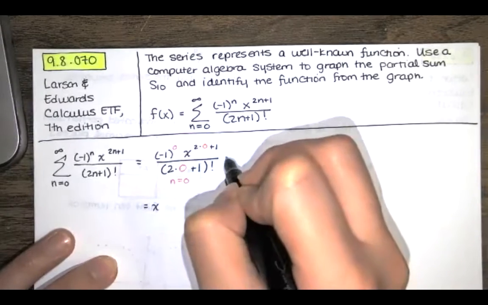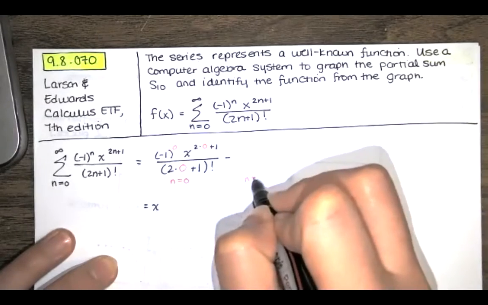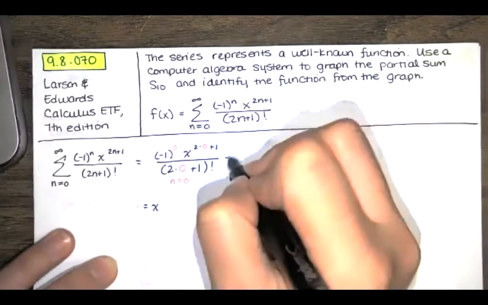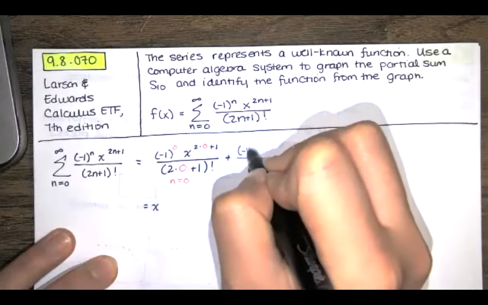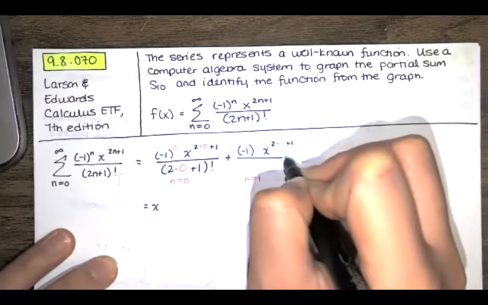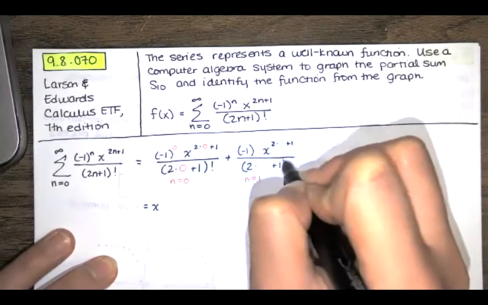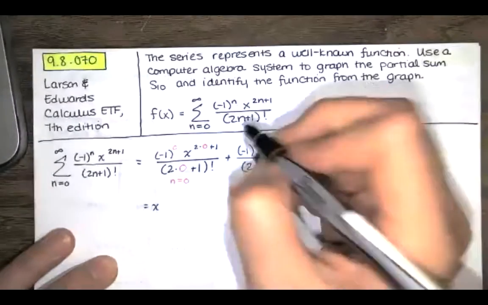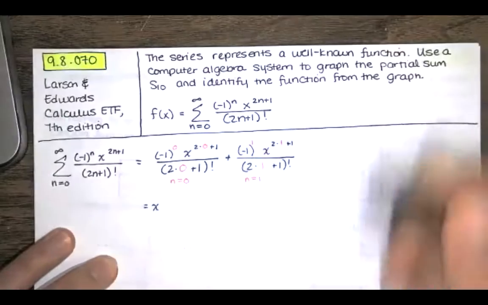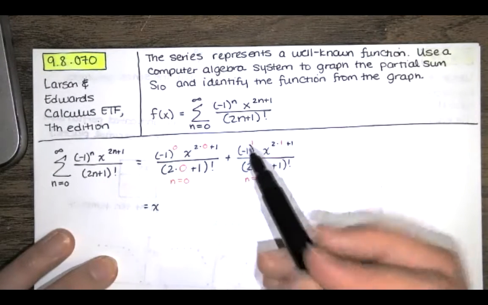And then when n equals 1, we get negative 1 to the n, x to the 2 times n plus 1 over 2 times n plus 1 factorial, but this time our n is equal to 1. So this ends up being a negative 1 to the first.